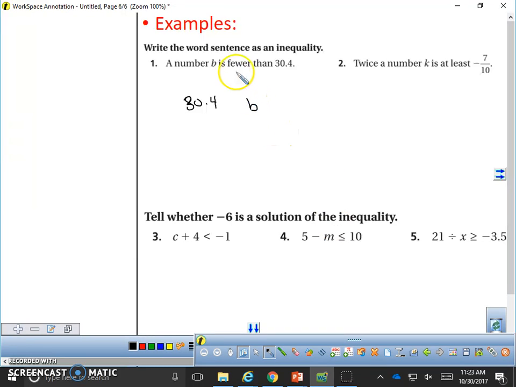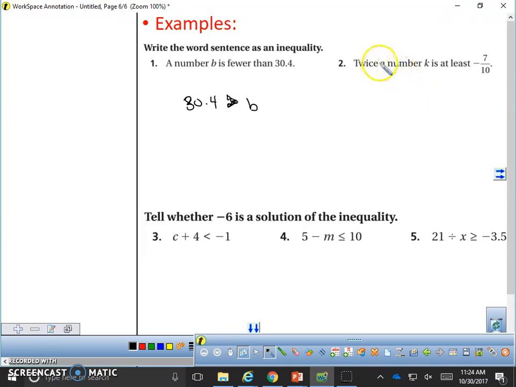So b needs to be smaller. Can it be 30.4? A number b is fewer. Nope. So that's how we write it. Remember, the symbol needs to be eating the bigger number. 30.4 is the bigger number, and so it needs to be eating the bigger number.